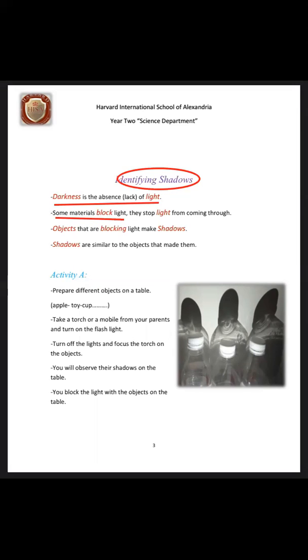You can try this at home, and you can block any light that's on with any material, even with your hands. Objects that are blocking light make shadows. Okay? You can even see your shadow if you blocked the light.